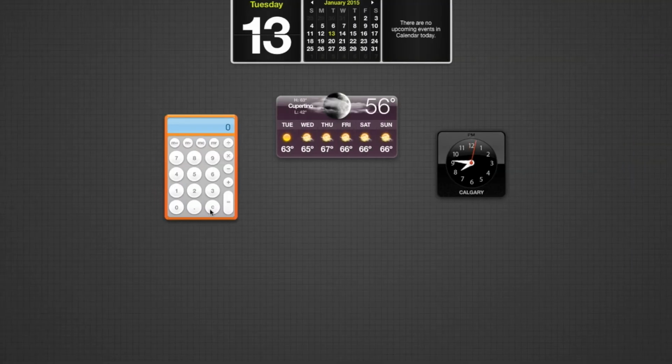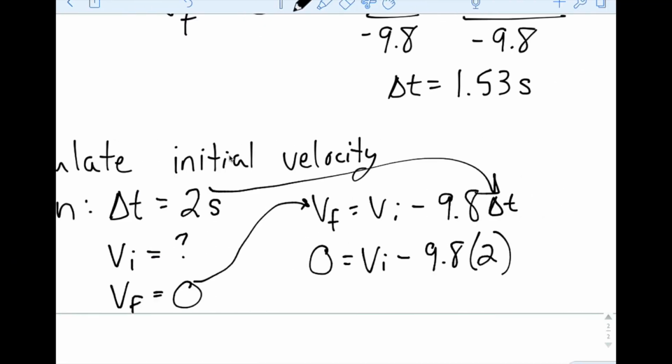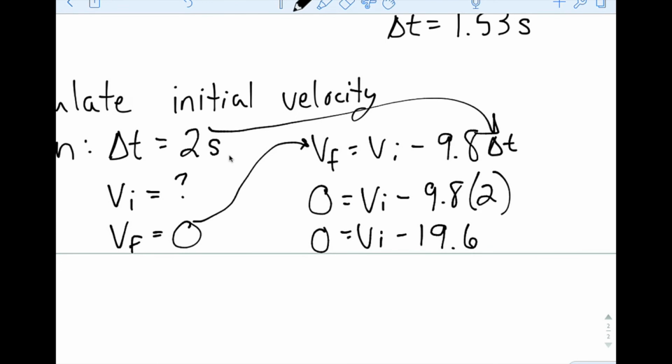So when I go and do my 9.8 times 2, I'm going to get 19.6. So now I've got 0 equals VI minus 19.6. So to get VI all by itself, I just have to get that 19.6 out of there by adding it onto both sides.